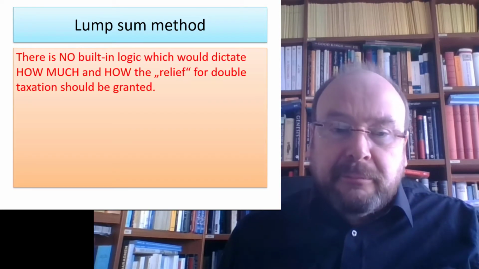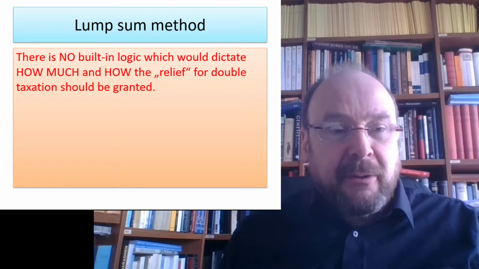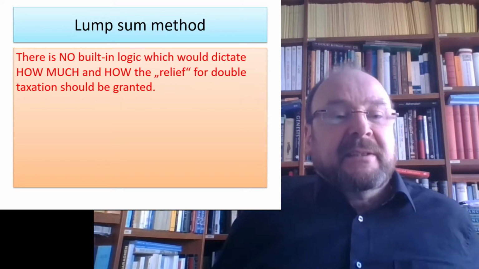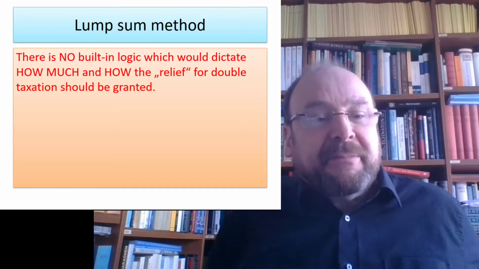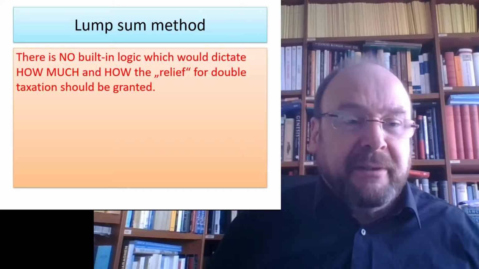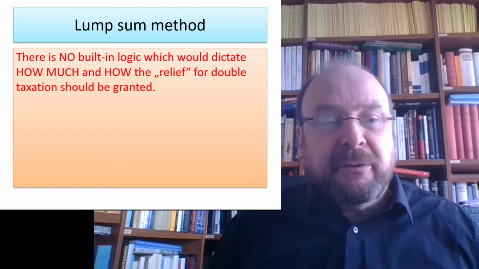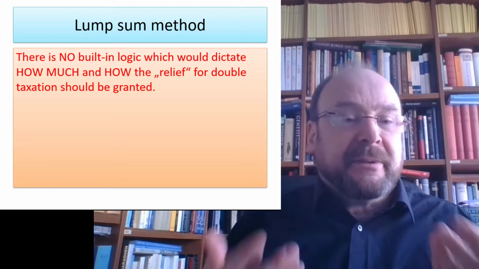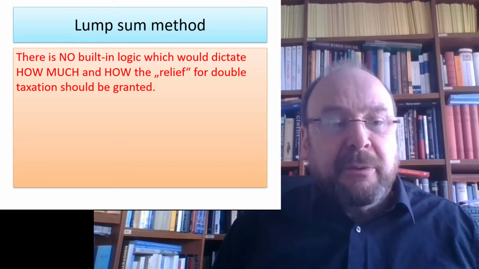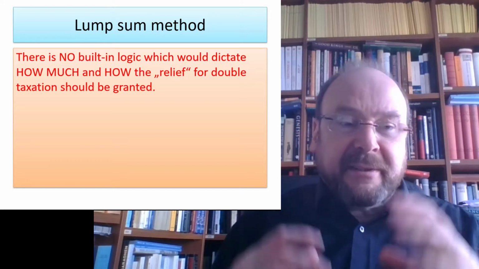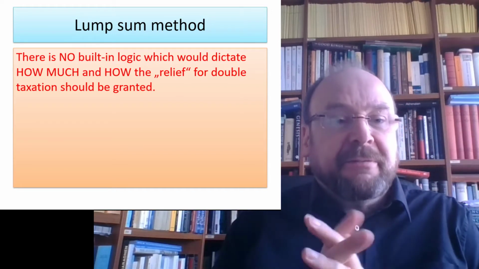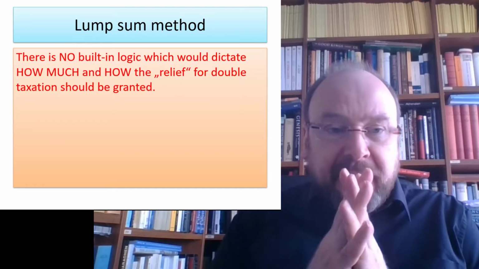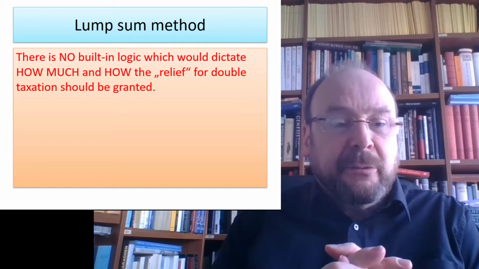Now, what you must first understand is that granting a relief under the lump sum method has nothing to do with any built-in logic. When you apply the credit method, there are strict rules how it's done. When you apply the deduction method, that is absolutely clear how it's done. If you apply the exemption method, there are clear rules.